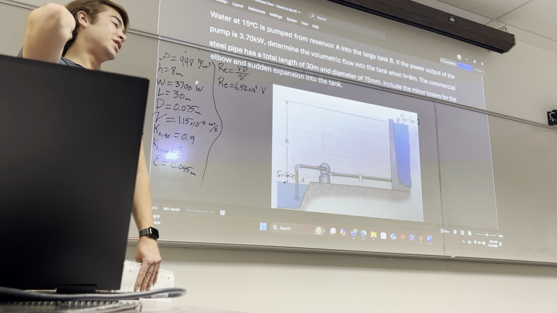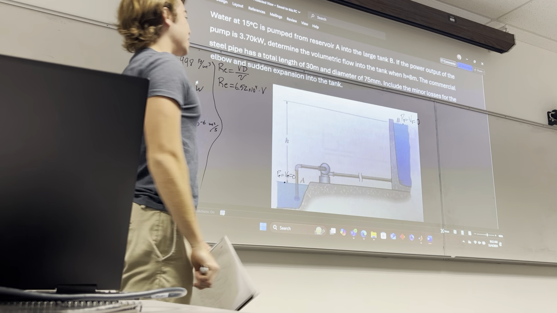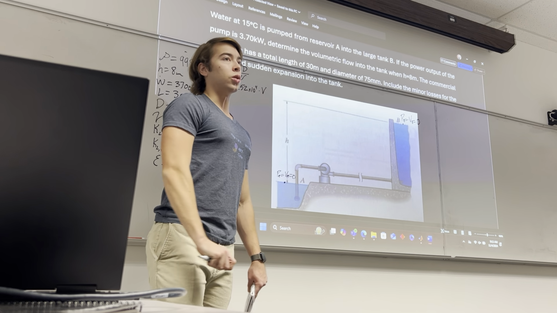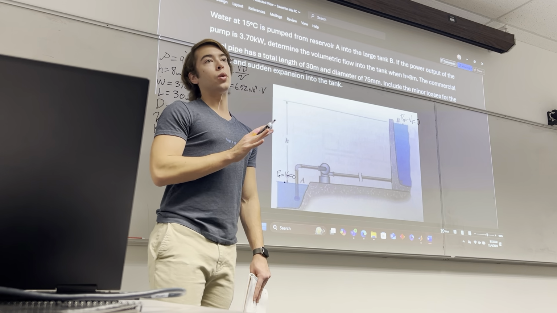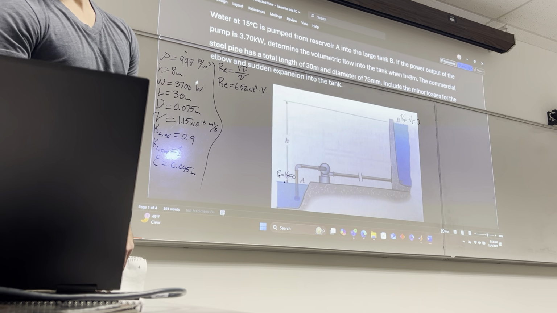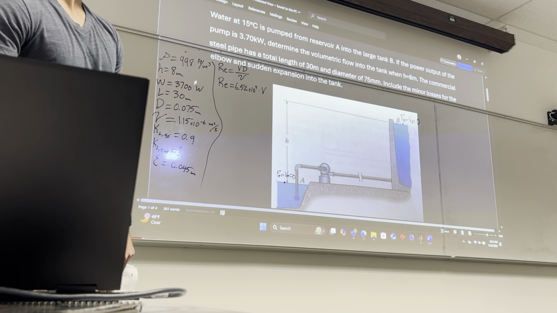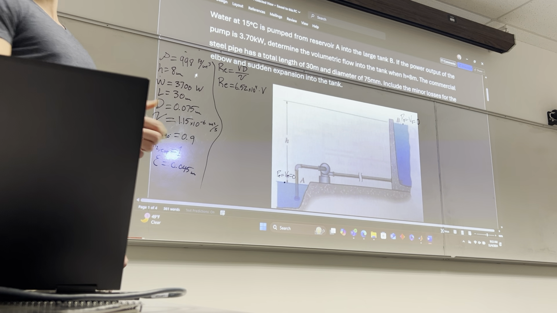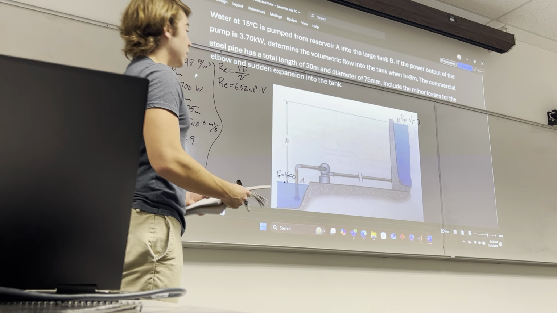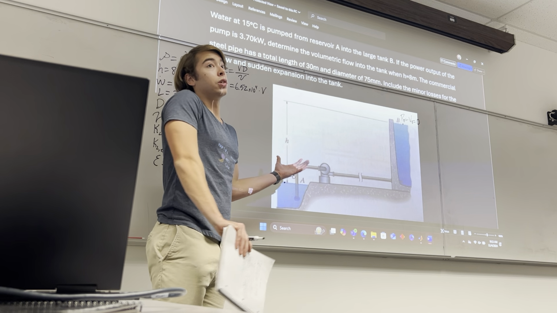Okay, so think about it like this. In a pipe, we're assuming that there's friction in this case, right? We're assuming there's some friction present. It's not inviscid anymore. So as you're pumping water through a pipe, obviously you're not going to be pumping it scot-free. You're going to have some sort of friction loss in the pipe due to the interaction between the pipe walls and whatever liquid.